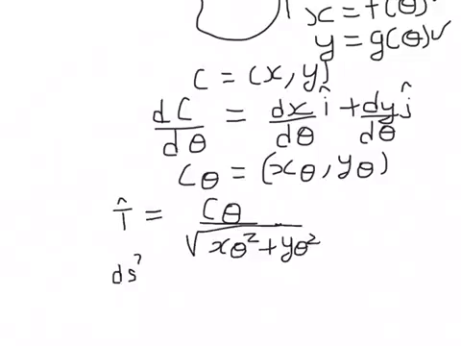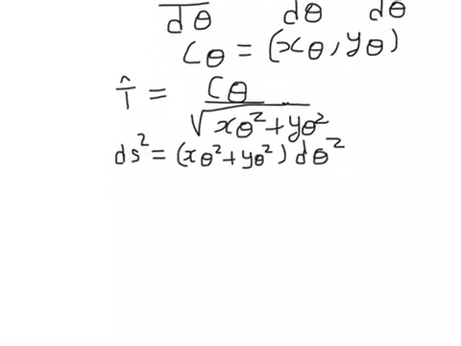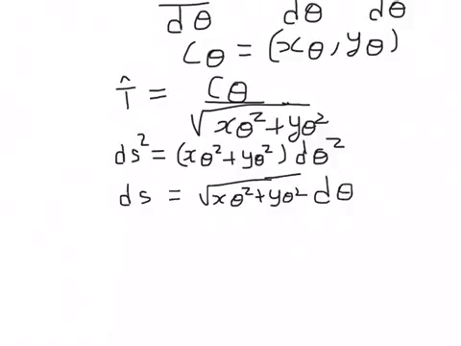So a small part of the arc length can be given by something like this: x theta squared plus y theta squared, times d theta squared. So this can be given as ds equals the square root of x theta squared plus y theta squared, d theta.